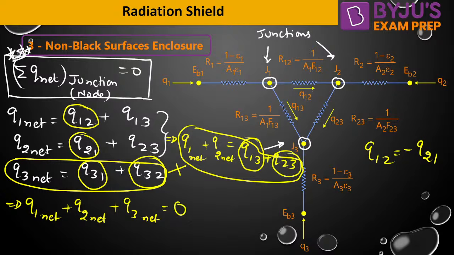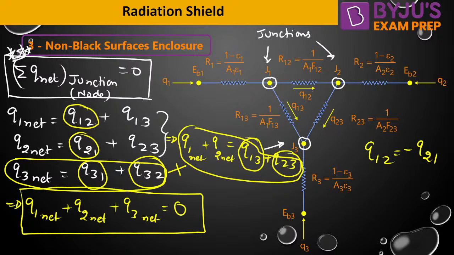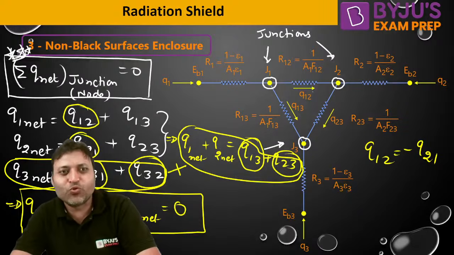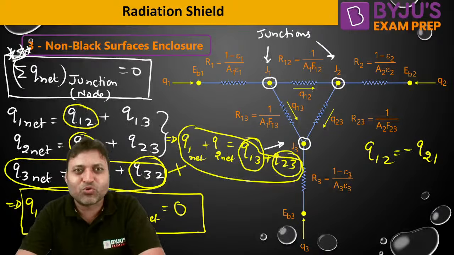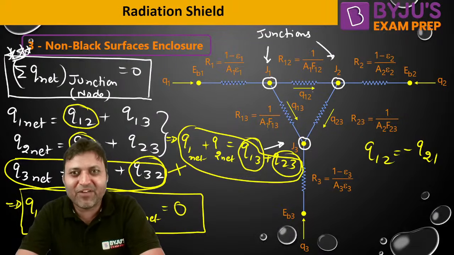So it will be 0. Isn't it? That is how you can solve the circuit diagram. If you know these basic things, you can always use the basic concept of the circuit diagram to solve. I hope it is clear. Anybody is having any doubt?